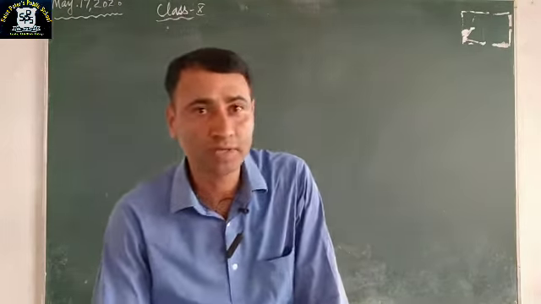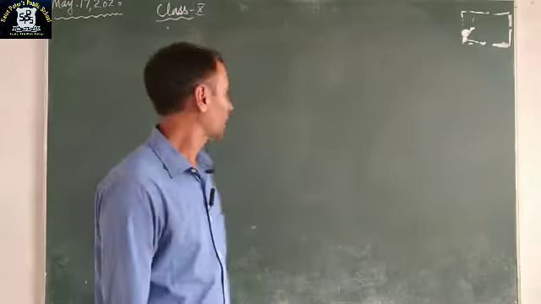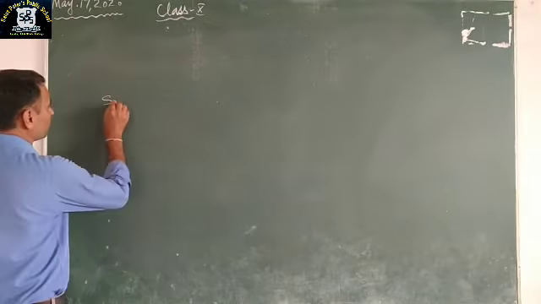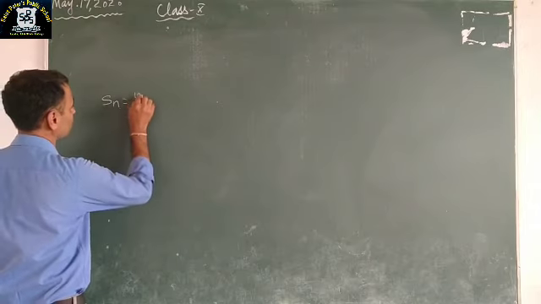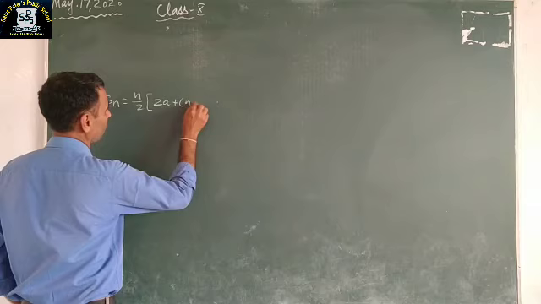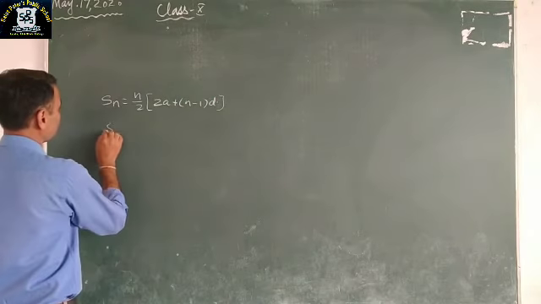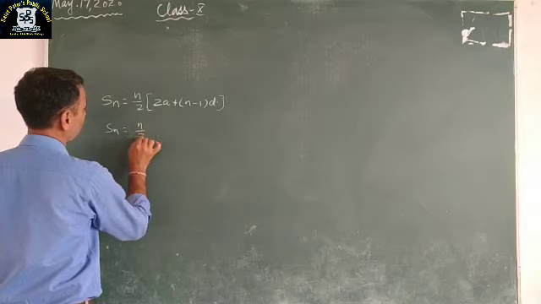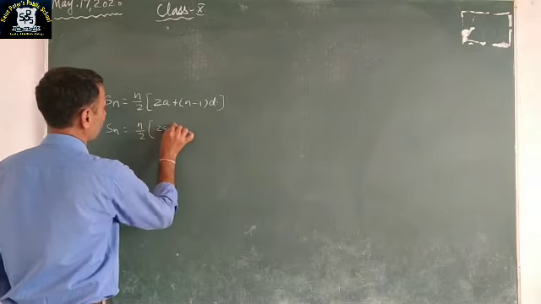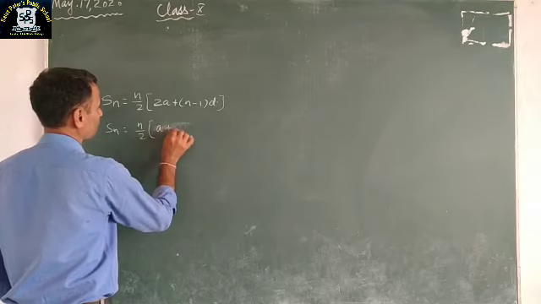Yesterday we discussed the sum of n terms of an AP. We learned two formulas: Sn equals n by 2 into 2a plus n minus 1 into d, and another formula, n by 2 into a plus l.